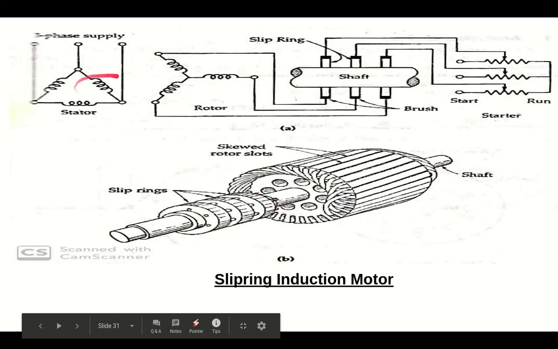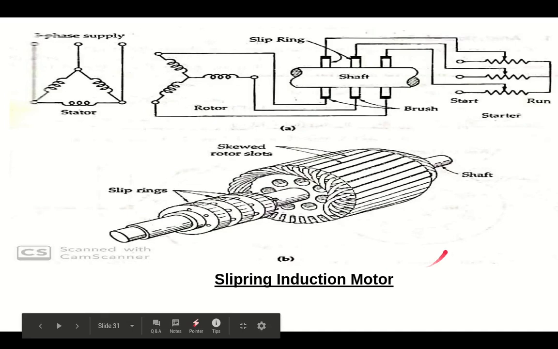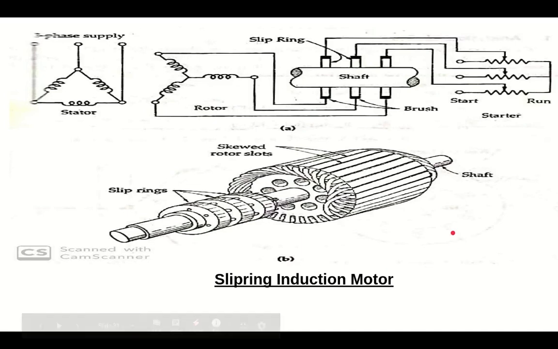Here you can see your three-phase supply, the shaft, the brushes, the rotor slots, and this part is known as the slip rings. On the basis of these slip rings, this machine is known as the slip ring induction motor.